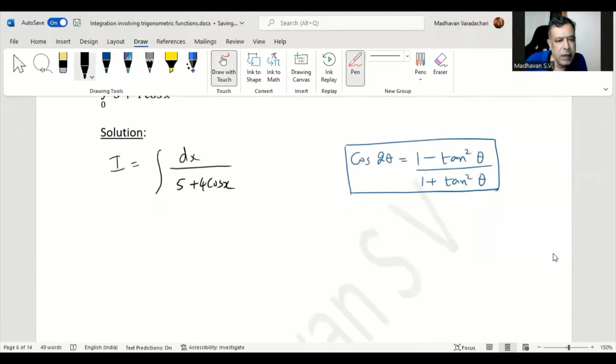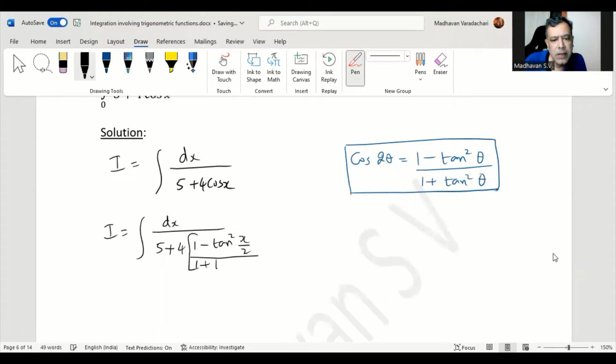So this integral will become now integral dx divided by 5 plus 4 times (1 minus tan square x by 2) divided by (1 plus tan square x by 2). Here it will become x by 2 because here it is x.